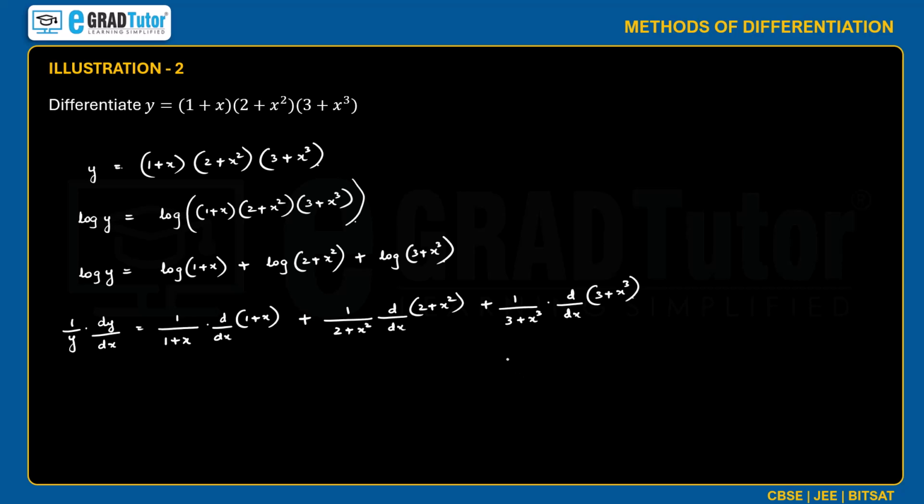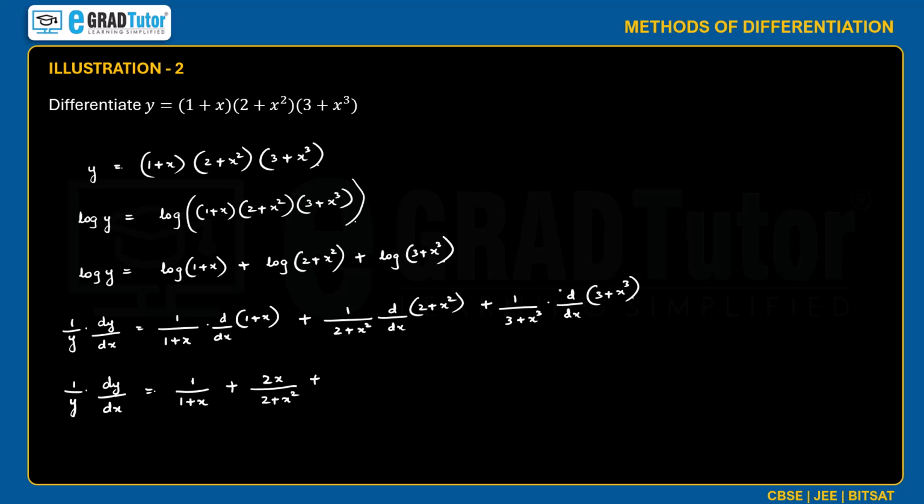So now 1 by y into dy by dx is nothing but, what is differentiation of 1 plus x? It's just 1. So 1 by 1 plus x plus, what is differentiation of 2 plus x square? 2x. 2x by 2 plus x square.